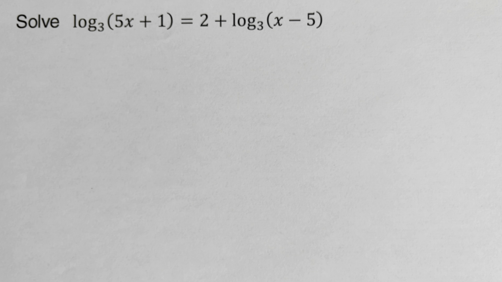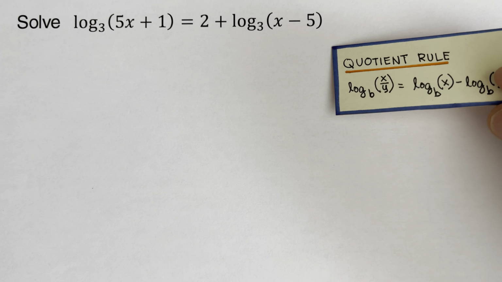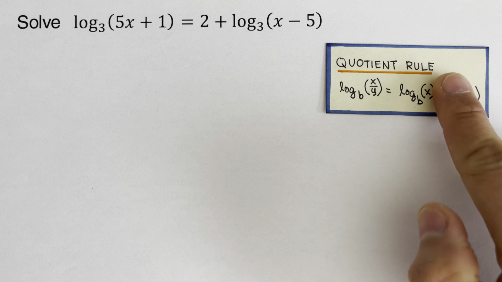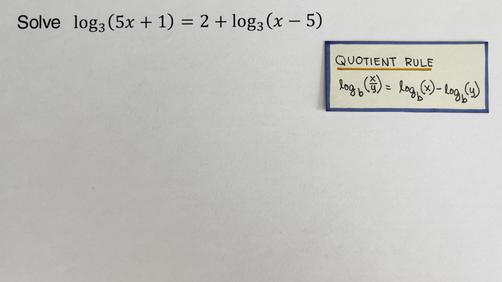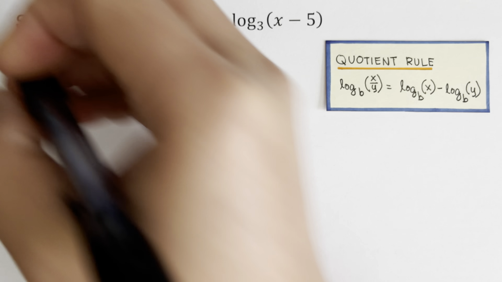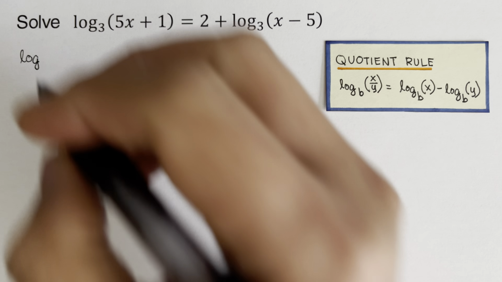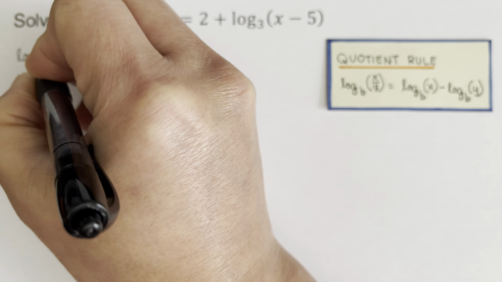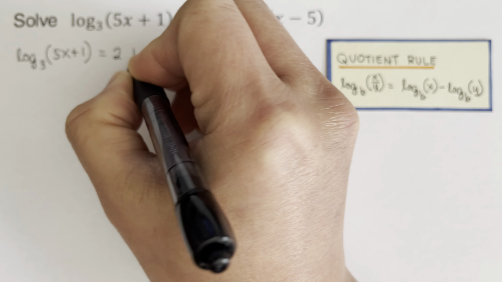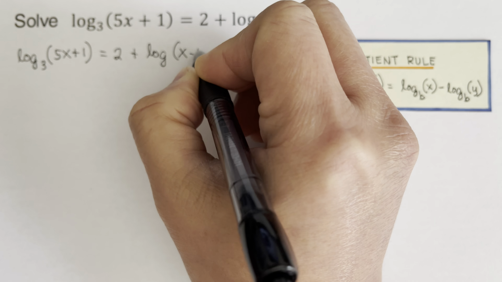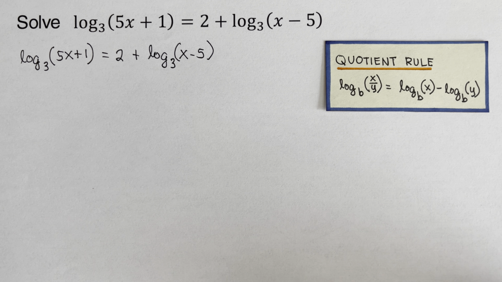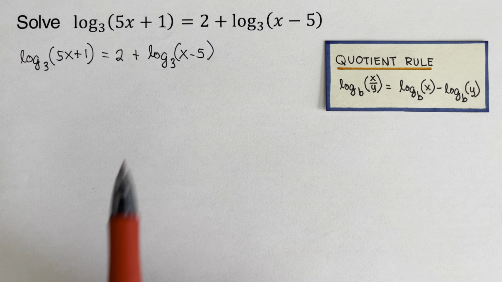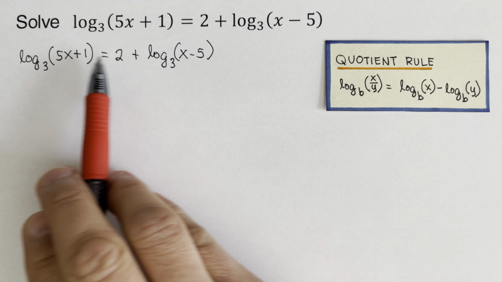Okay, so we're going to go over the problem here. Again, we are going to use the quotient property or quotient rule in order to solve this problem right here. We can rewrite this equation down here. We're going to group all together the expressions with log on them on the left side.